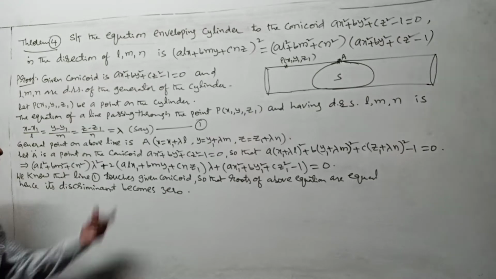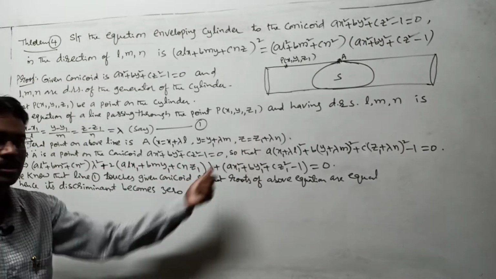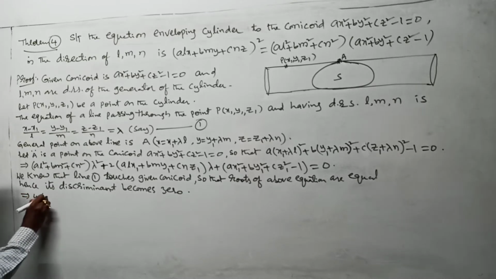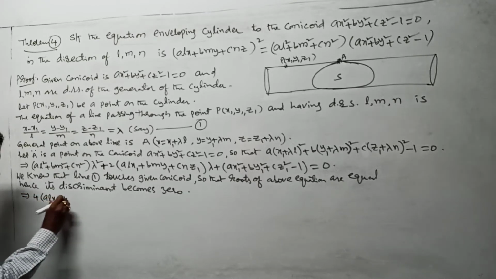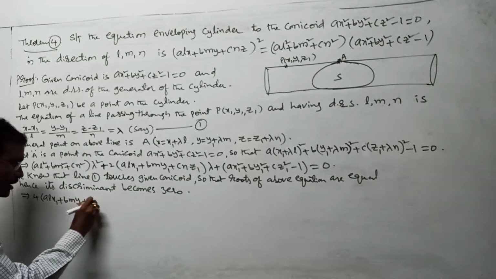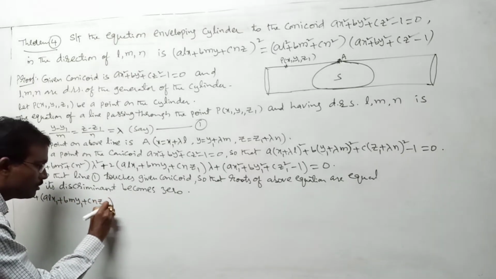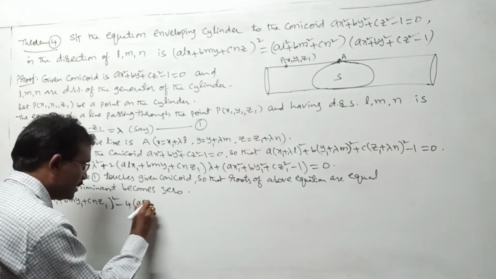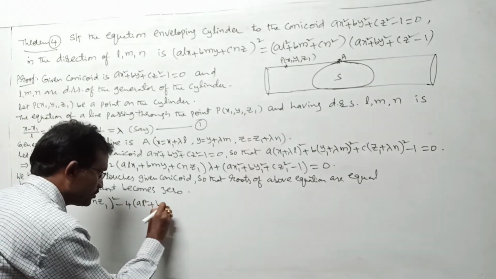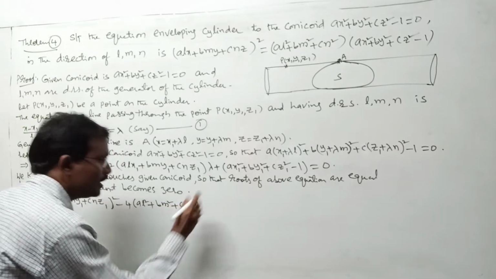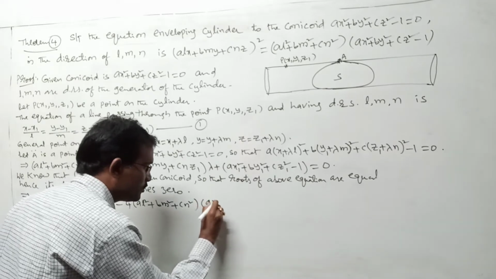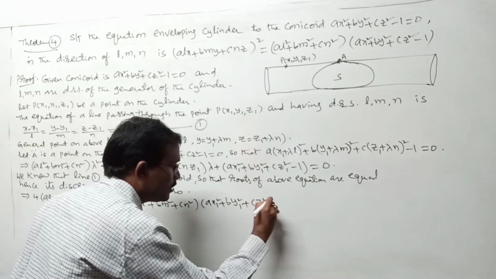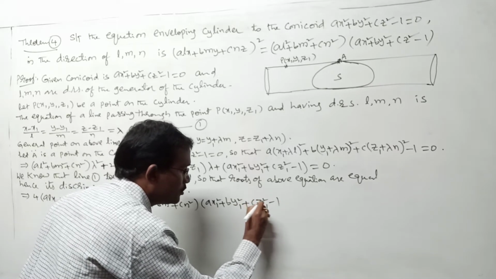You know what the discriminant is? B square minus 4ac equal to 0. I am writing that. This implies b square is what? 4 into (alx1 plus bmy1 plus cnz1) whole square, minus 4ac, which is what? (al square plus bm square plus cn square) into (ax1 square plus by1 square plus cz1 square minus 1) is equal to 0.